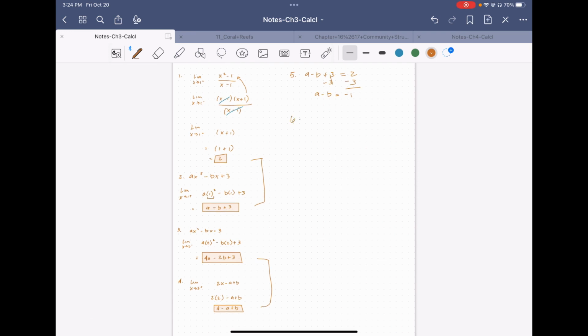Step number 6, we have to combine the equations for the left and right limit for number 2. So for that, we have 4a minus 2b plus 3 equals 4 minus a plus b.